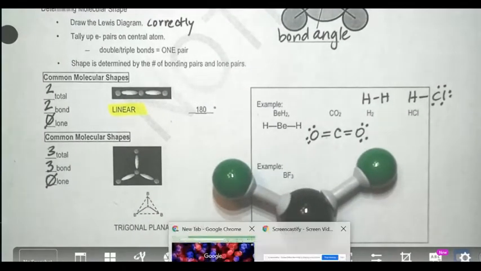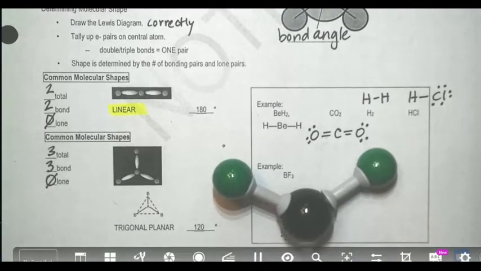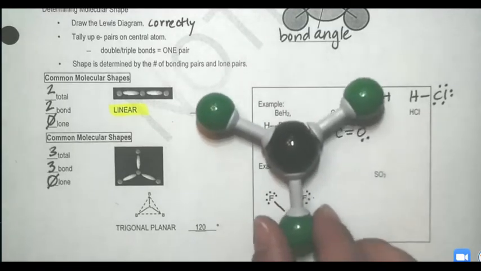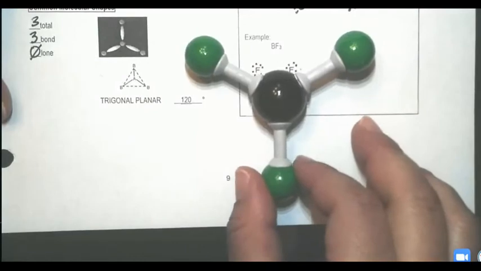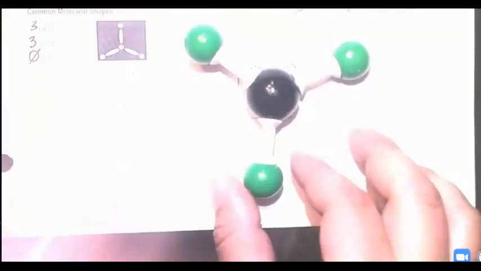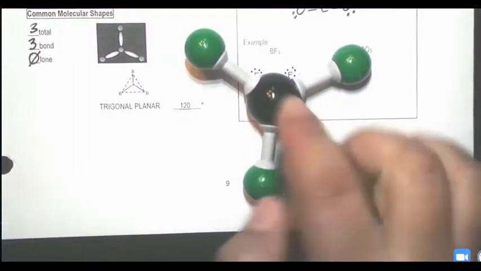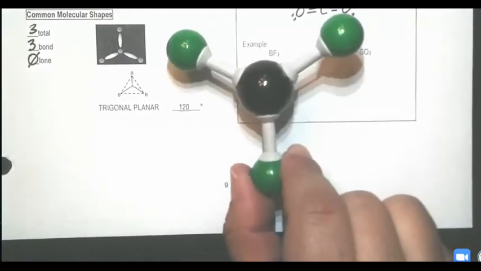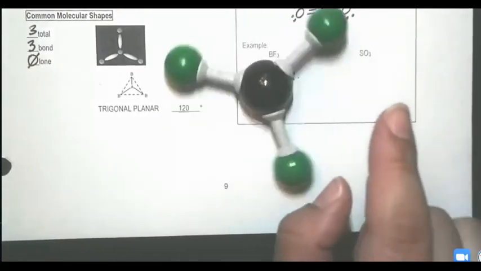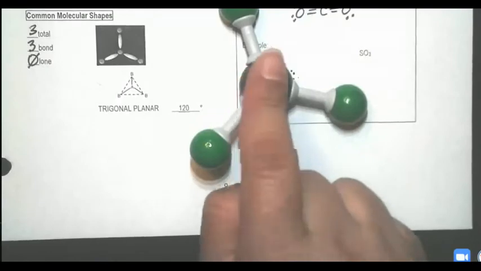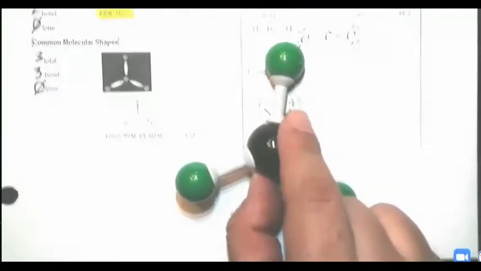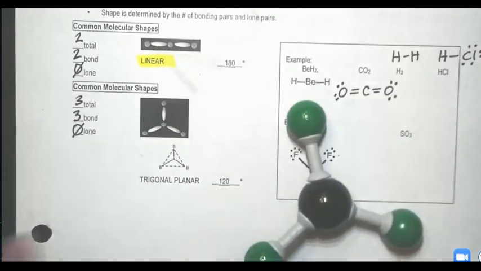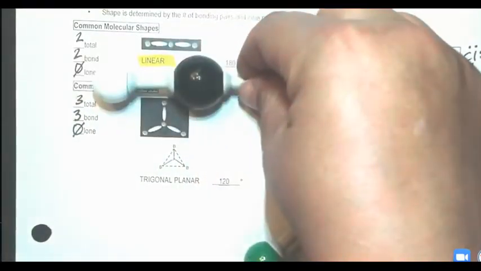When I draw BF3, I cannot draw it like a T, because if I draw it like a T, these are going to come in closer, and that's not what we want. We want to spread them out as much as possible. You know that a circle is 360, and 360 divided by 3 is 120, so these are going to be the bond angles. For the linear, it's 180.